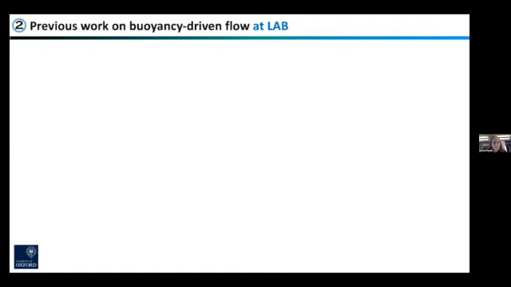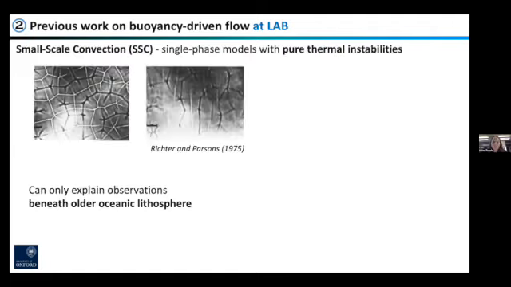And I should also mention that there's been some previous work on buoyancy-driven flow at the LAB, and one of the most famous is small-scale convection, which is based on single-phase flow models with pure thermal instabilities, and they were motivated to explain the flattening of the LAB beneath older oceanic lithosphere.